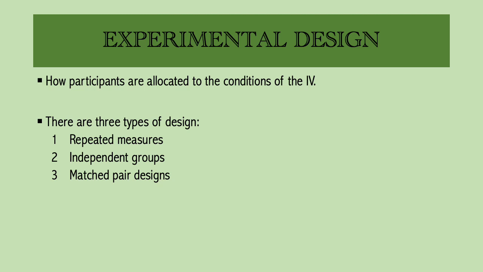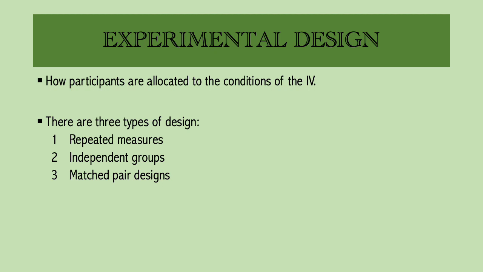This term is only applicable to experiments, that is, lab, field, and quasi-experiments only. Hence, it is called experimental design. It's not for non-experimental methods like observation and so on, okay?